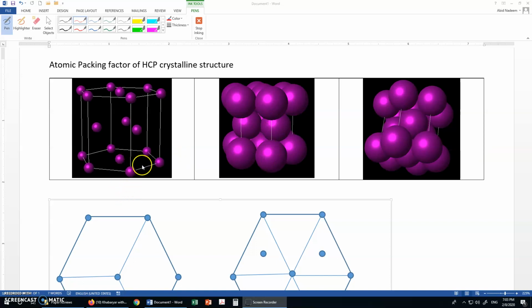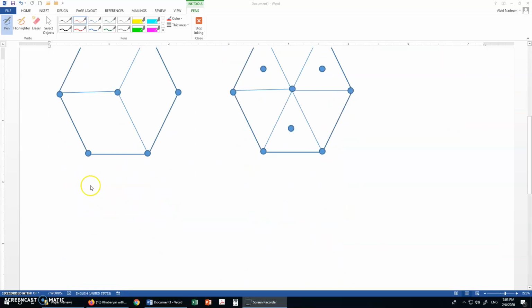If we want to find the atomic packing factor for HCP, we know that atomic packing factor is the volume of the solids inside the unit cell divided by the volume of the unit cell.